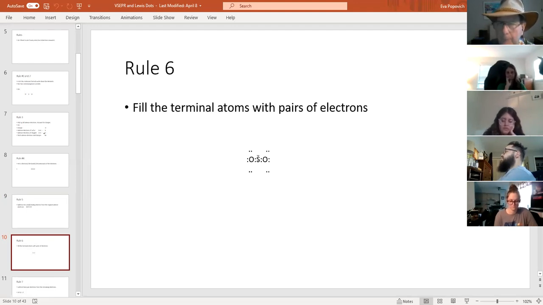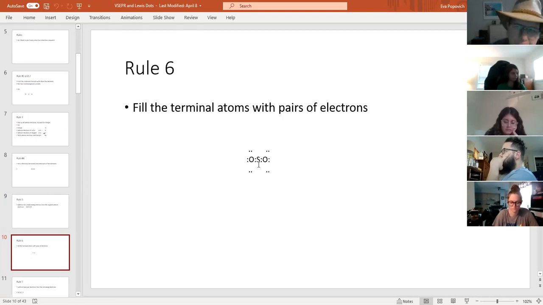I do it on the left, I do it on the right. There are 2 bonding electrons on the left, 2 on the right. That's where the 4 came from, okay? So now I've got 12 lone pair electrons around my terminal atoms.